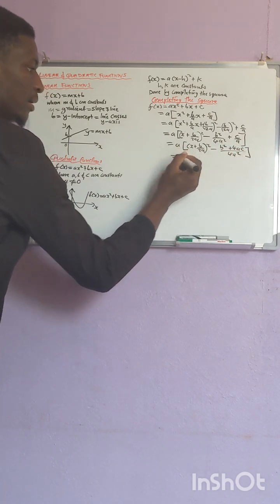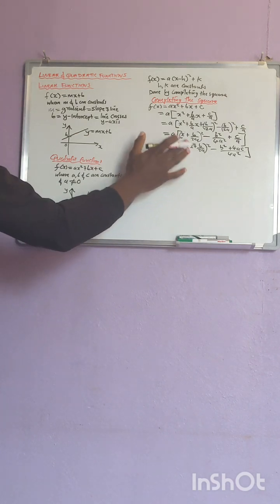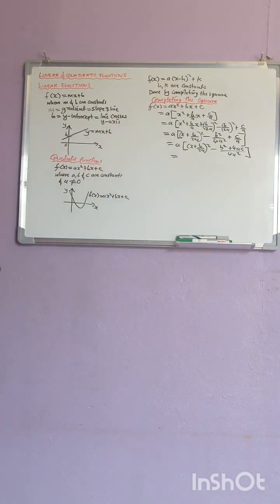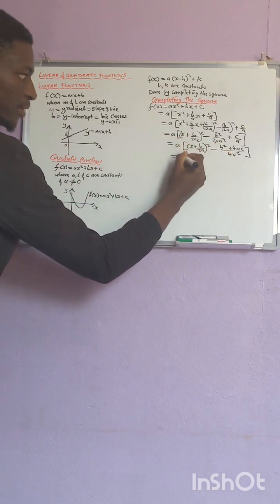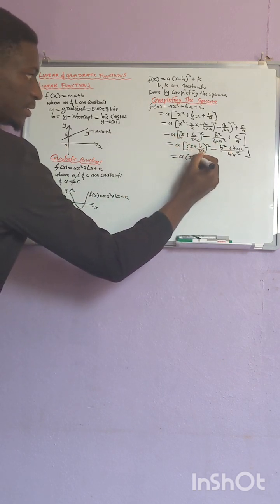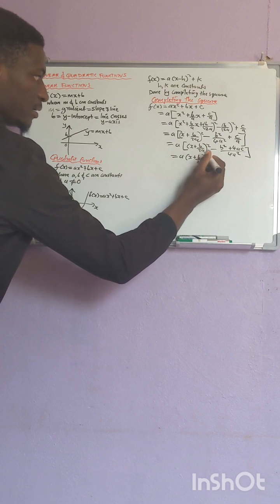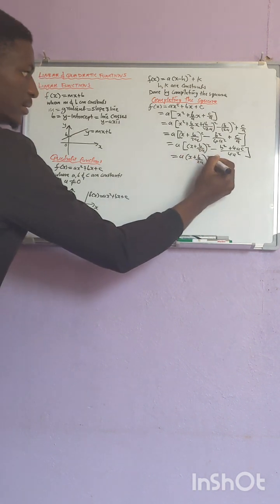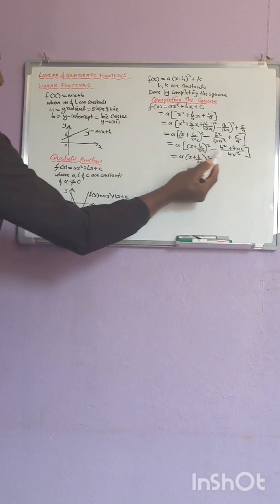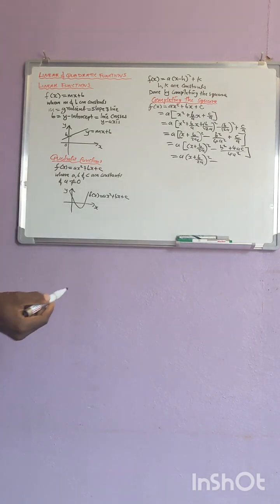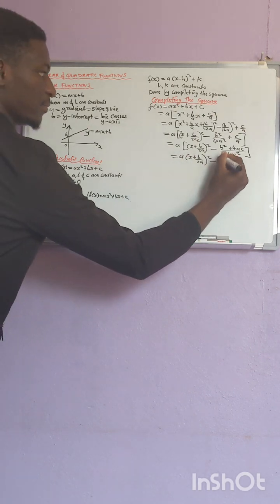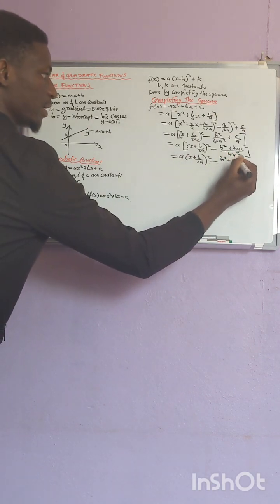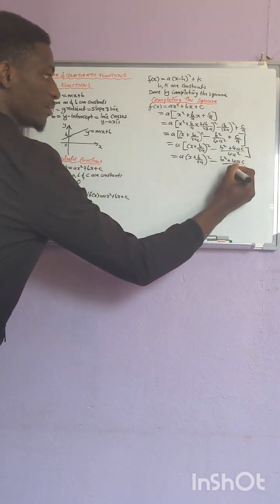Remember, we have to express this in the form a times x minus h, squared, plus k. So we expand: a times x plus b over 2a, squared, minus a times this term, where one a cancels, so we have b squared minus 4ac over 4a.